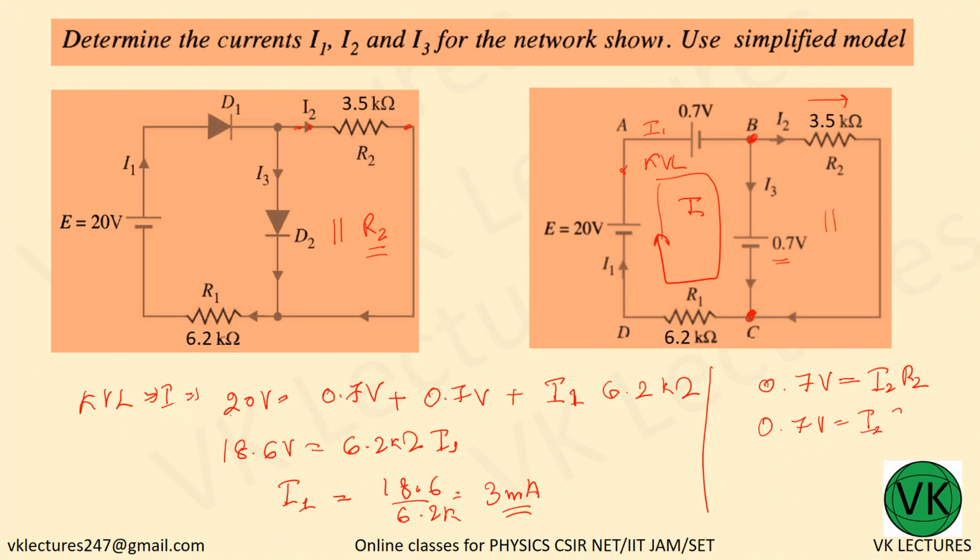R2 is 3.5K. So I2 equals 0.7 volt divided by 3.5K, which is 0.2 milliampere. Now once you have I2, find I3. I3 you will get as around 2.8 milliampere, by subtracting.